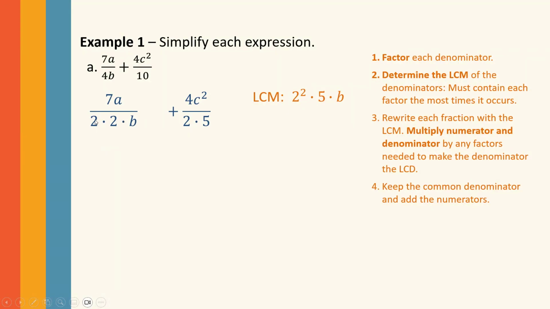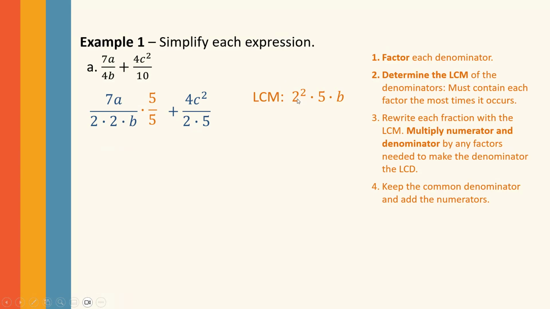So now we look at this denominator. Which factors is it missing from the least common multiple? It already has two factors of 2 and it has a factor of b, so it needs the factor of 5. So I'm going to multiply by 5 over 5. And then I look at the next denominator, 2 times 5, and what is it missing to have all of the factors of the least common multiple?